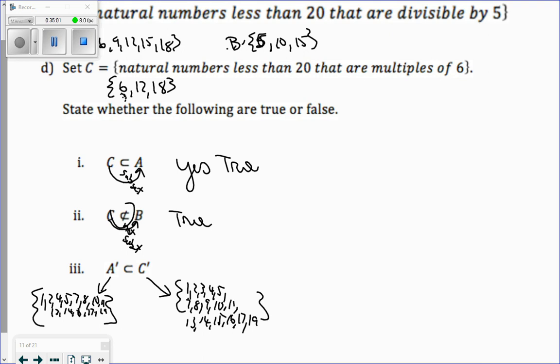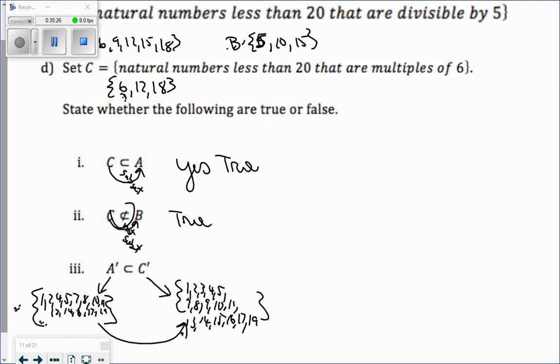Okay, so now are all of these in all of that? So 1 is there, 2 is there, 4 is there, 5 is there, 7, 8, is 10 there, is 11 there, is 13 there, 14 there, 16 there. Yep. All of these are also in here.